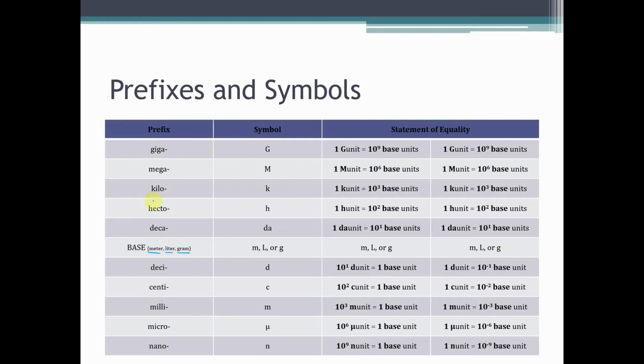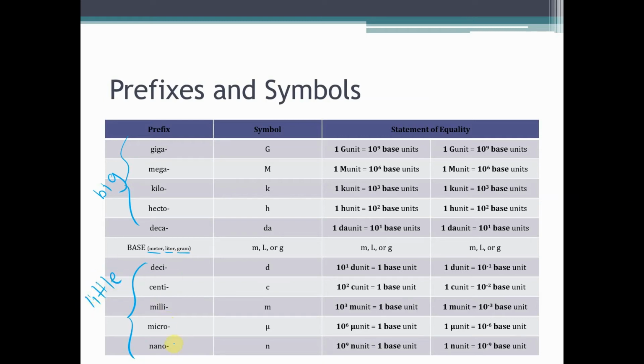If you've got something very big, you're gonna use these prefixes up here. These are big prefixes. So a gigaliter is a really, really huge volume, or a kilogram is a pretty big mass. Down here, these are your little volumes, your little masses, your little distances.